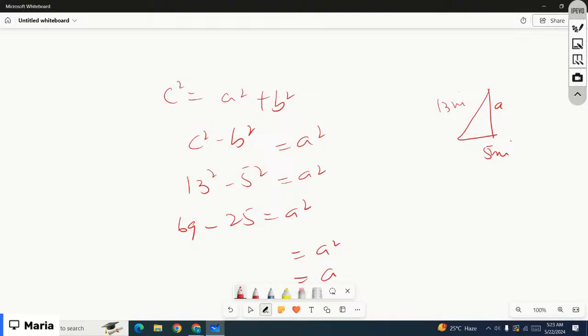That is 169 minus 25 is 144. So A equals 12. The correct option is A equals 12, right?